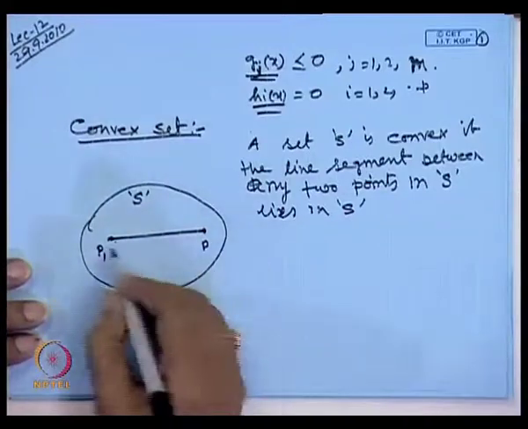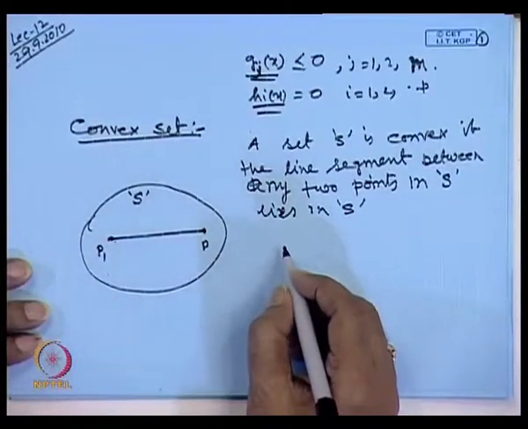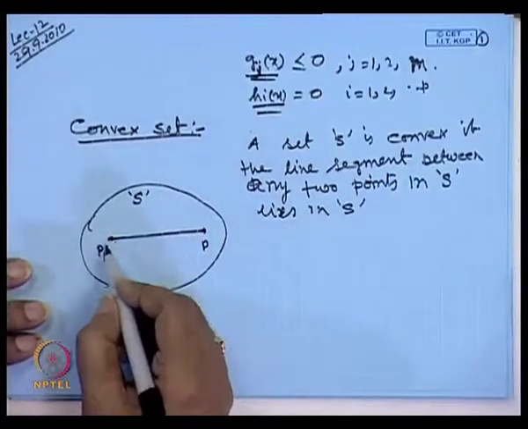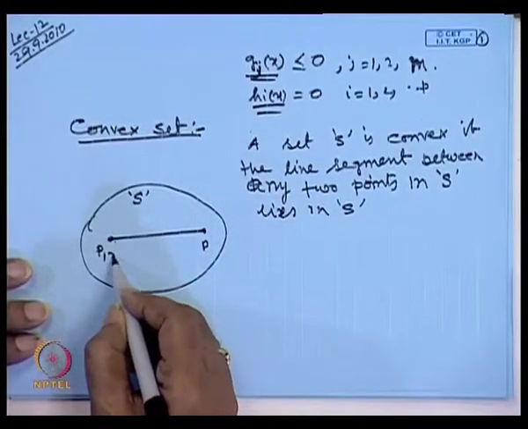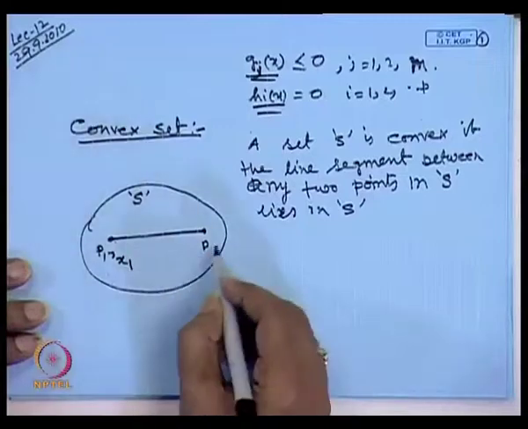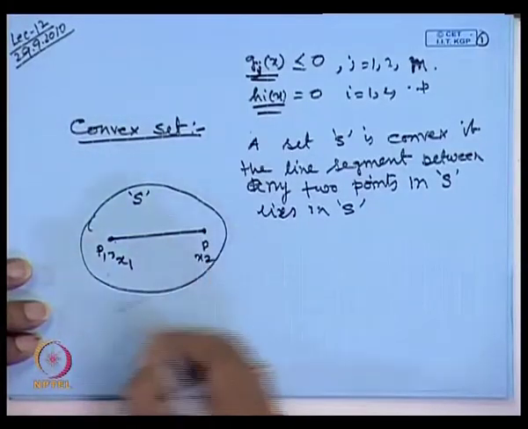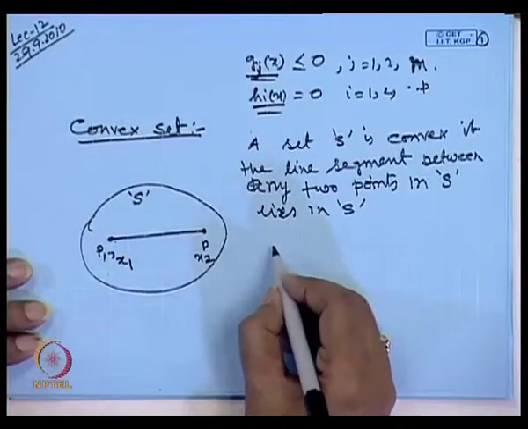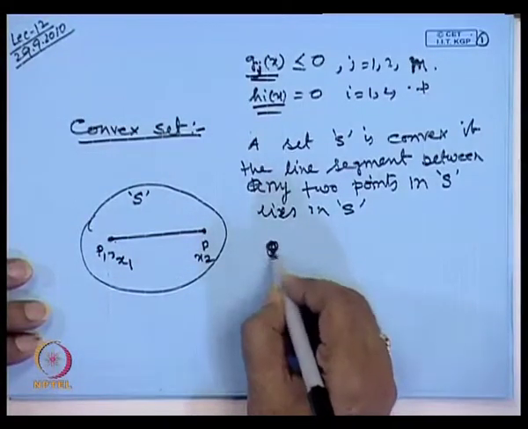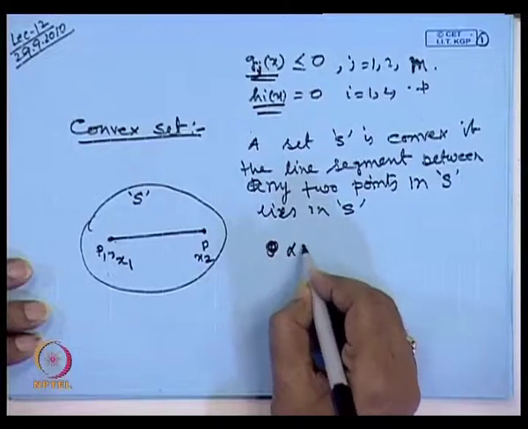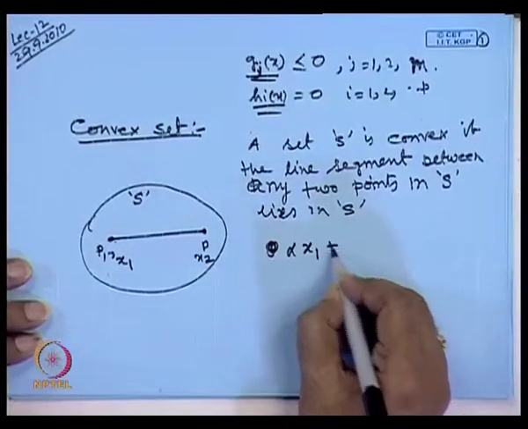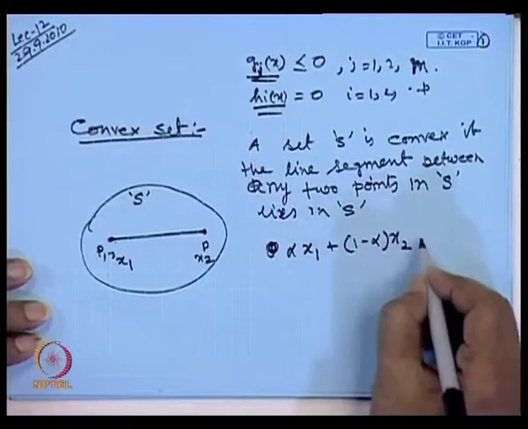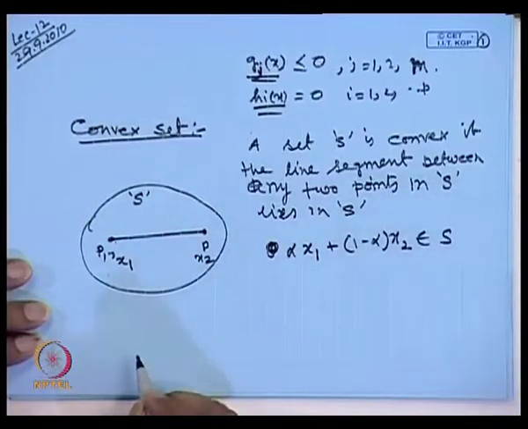So, in a convex set we can always write it: let us say P1 is a point whose vector is x1, and P2 is a point whose vector is x2. Then the linear combination alpha times x1 plus (1 minus alpha) times x2 belongs to that set.